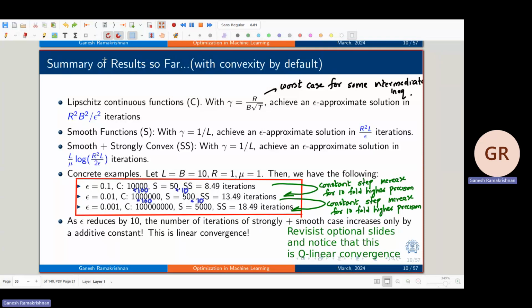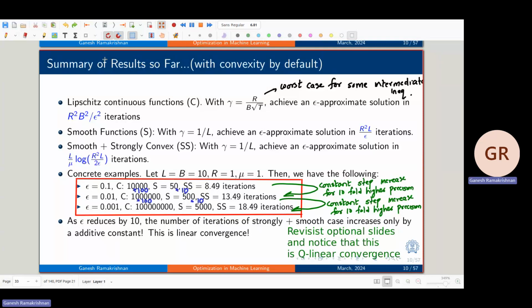How about strong convexity plus Lipschitz continuity, right? So we already saw that just Lipschitz continuity gave you, let's write this expression down, R square B square by epsilon square.